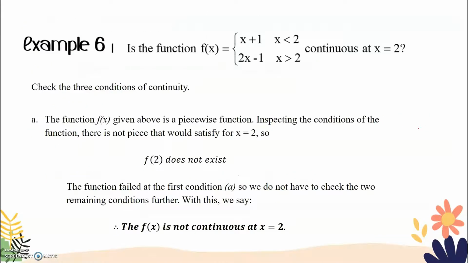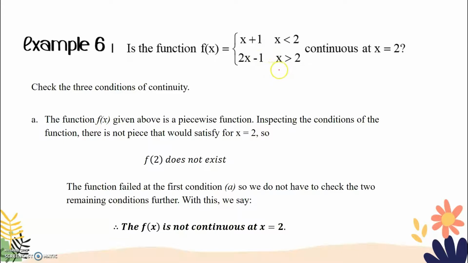Next, example 6. Here we have the function f of x, still a piecewise function: x plus 1 when x is less than 2, and 2x minus 1 when x is greater than 2. Is it continuous at x equals 2? Checking the first condition, we have f of 2. Looking at our piecewise function, we only have pieces that are true for x less than 2 and for x greater than 2.